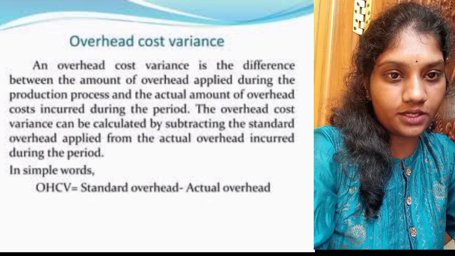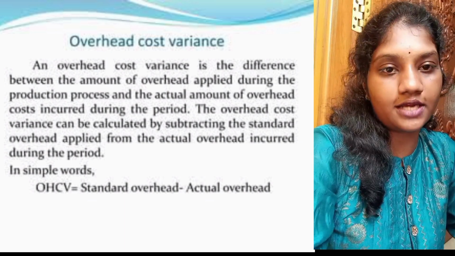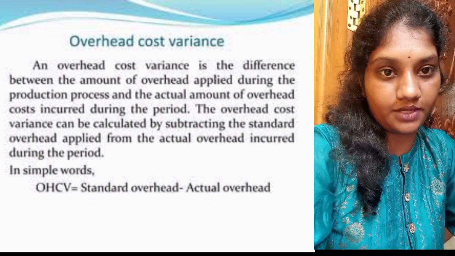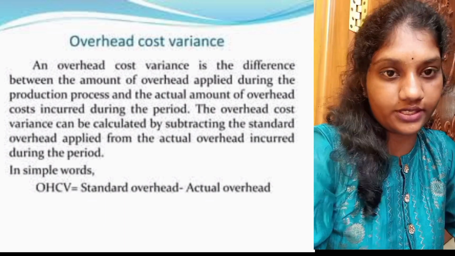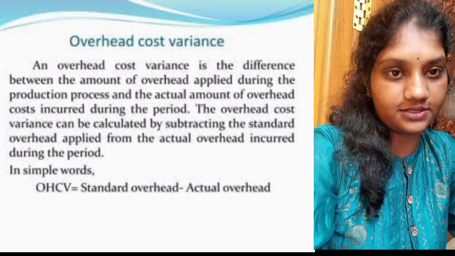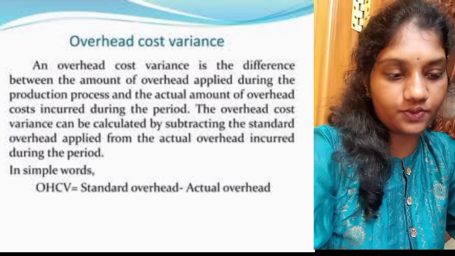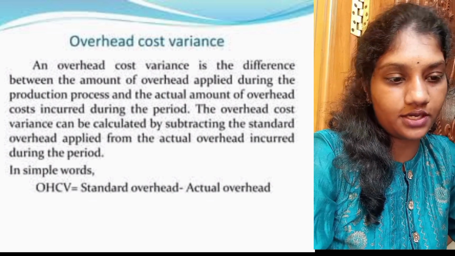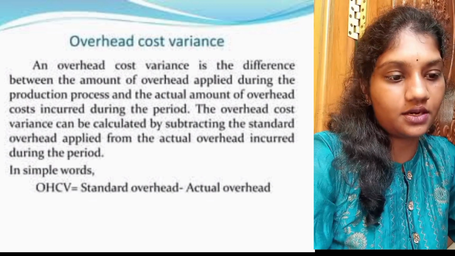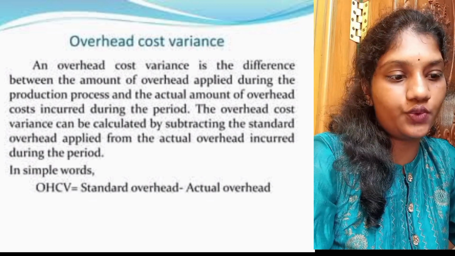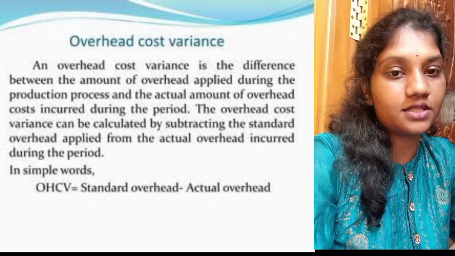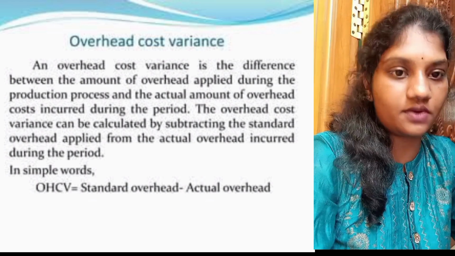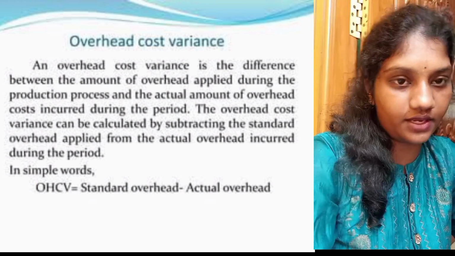At the end of the production, the amount by which the actual differs from the budget, whether it increases or decreases, is called variances. We have a formula to calculate these variances. Here is the formula: standard overhead minus actual overhead. Our budgeted overhead minus our actual overhead gives us our overhead variances.